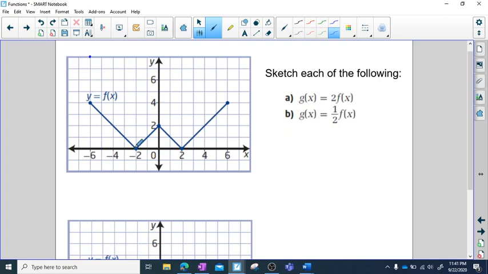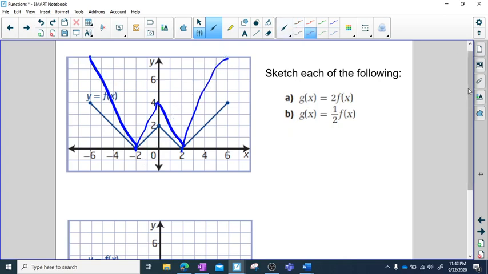The y value here is 0. It's not going anywhere. It's going to stay at 0 because 0 times anything is 0. The y value is 2. It's going to 4. 0, stay where it is. 4, double the y value. It's 8. Here's my new graph. So this would come down here. That stayed. That went up to there. This one stayed. And that went up to there.